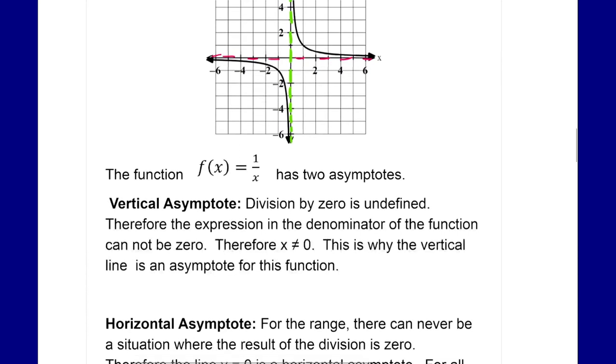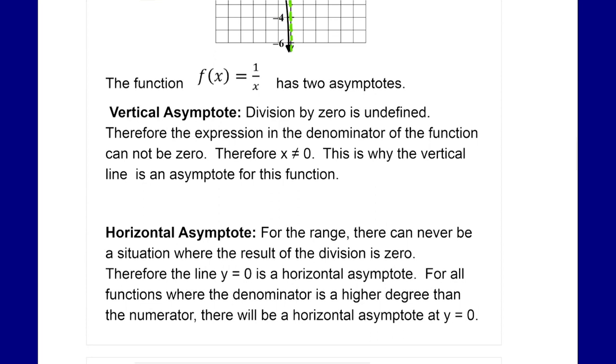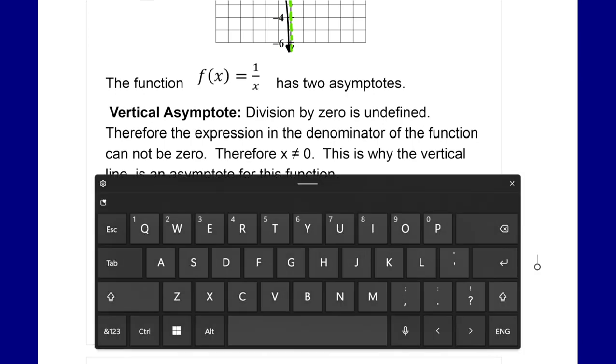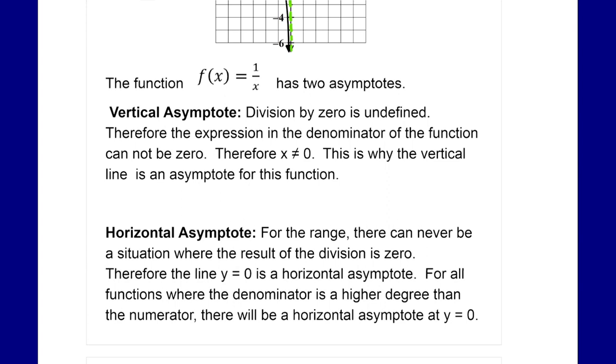There would always be a space there. The key thing is that we have a denominator with our variable in it, and when the denominator has a higher degree, or a higher exponent on the variable than the numerator, there will always be a horizontal asymptote. So we have two asymptotes to consider when we're looking at rational functions.